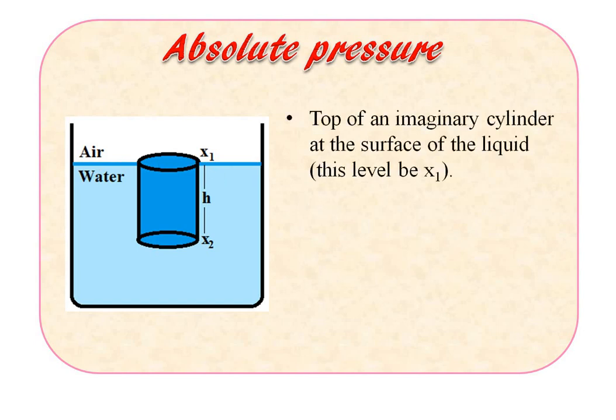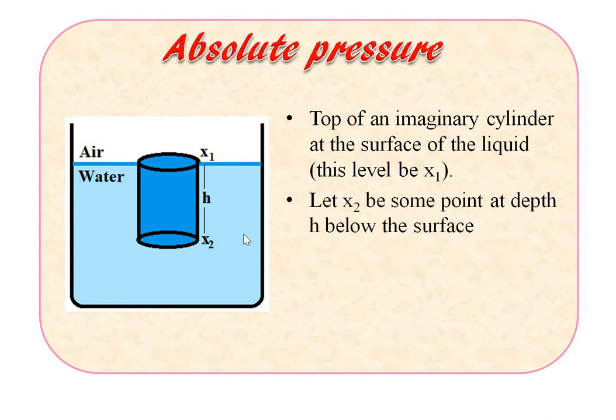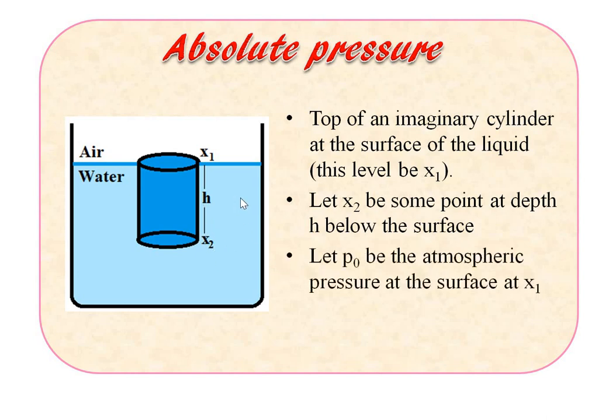The top of the imaginary cylinder is at the surface of the liquid, and this level is indicated as x1. Let x2 be some point at depth h below the surface. So let P0 be the atmospheric pressure at surface x1. Here P0 is the atmospheric pressure acting on the surface, that means x1.